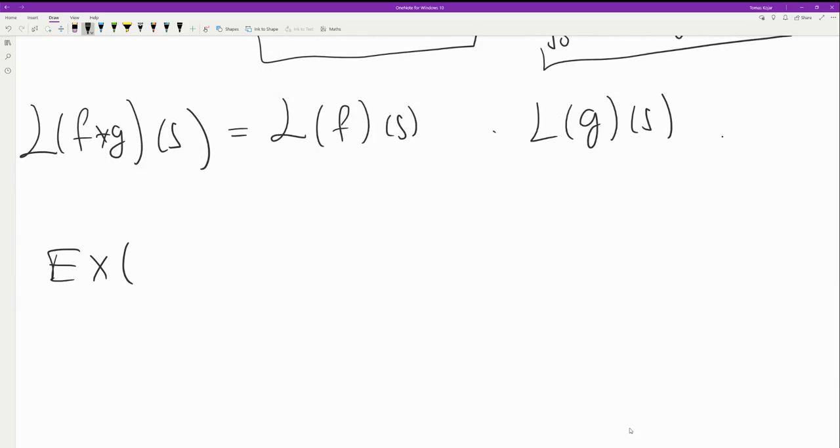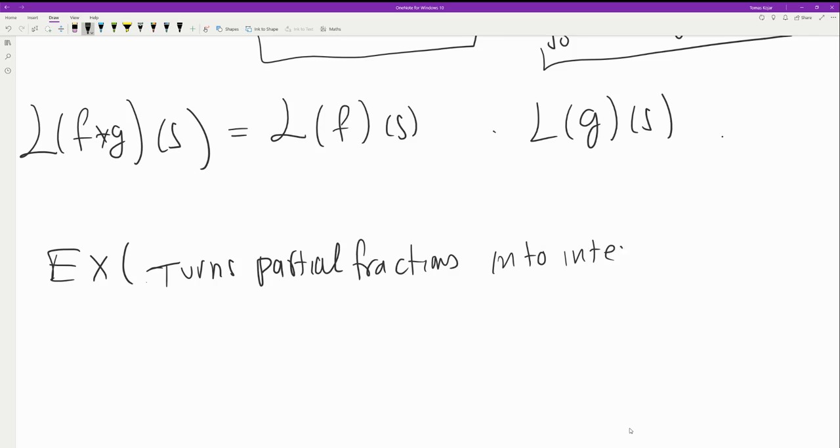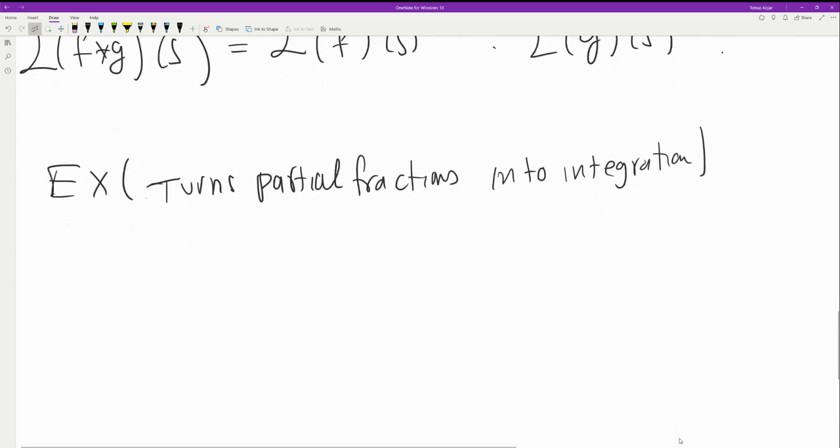So one good property of this is that it avoids partial fractions; it turns partial fractions into integration. So what do I mean by that?